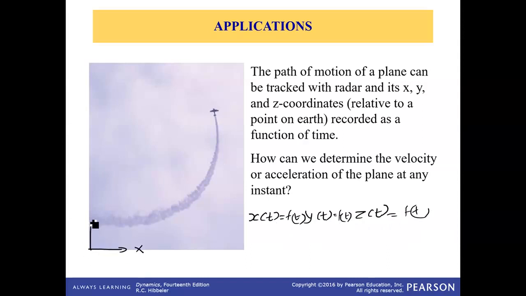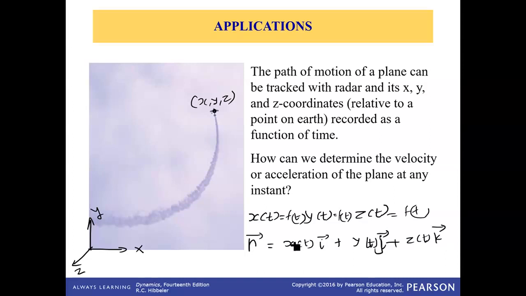Let's say we define the origin here, and Z again is perpendicular to X, Y. Then at any given instant we can define the position of the plane using X, Y, Z coordinates. If we know how X, Y, and Z change as a function of time, we can write the position vector for the plane R, which is x(t) multiplied by unit vector i, y(t) multiplied by unit vector j, which is in the y direction, and z(t) multiplied by unit vector k, where i, j, k define the direction and x, y, z define the magnitude for the position.